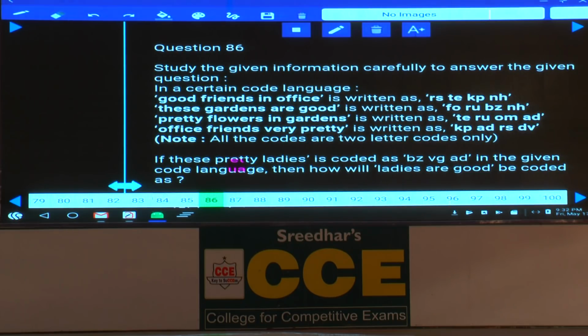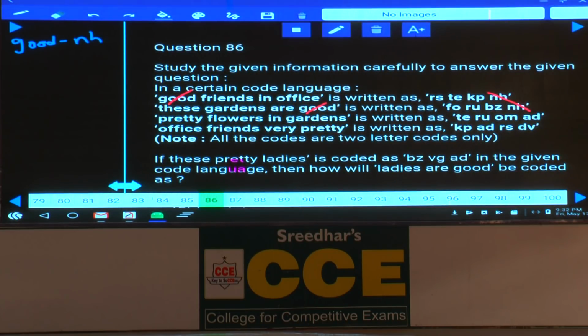Tell me what is the word which is common here. Good is the word which is common between these two. As good is common between these two, tell me what is the code which is common here? NH is the term which is common. Hence the code to the word good is NH. The next one.